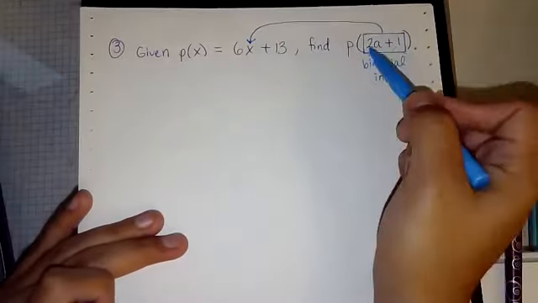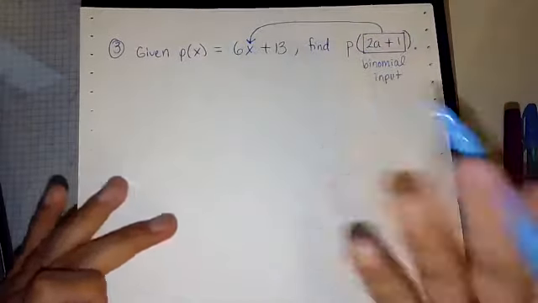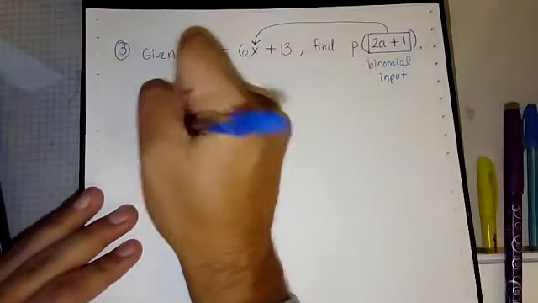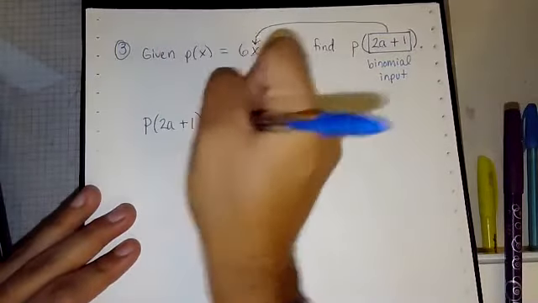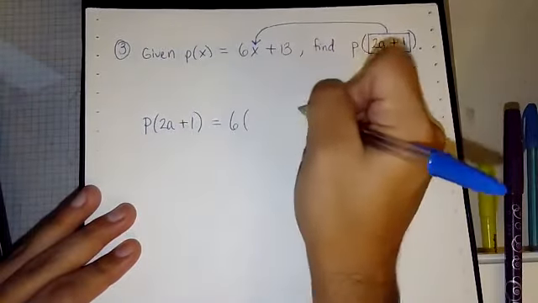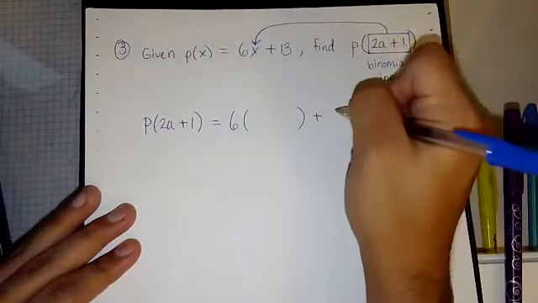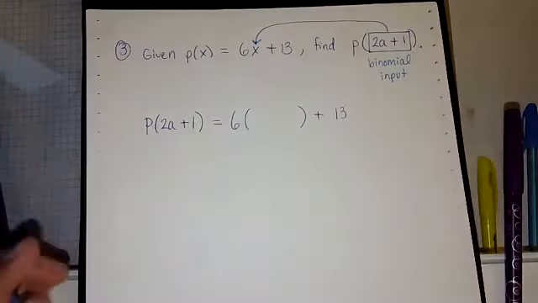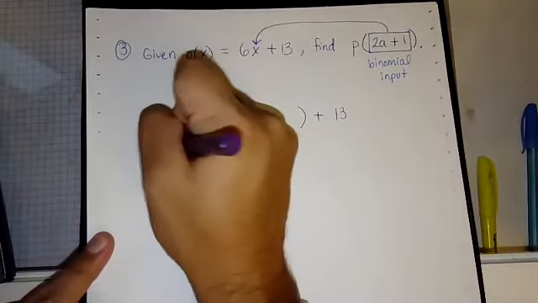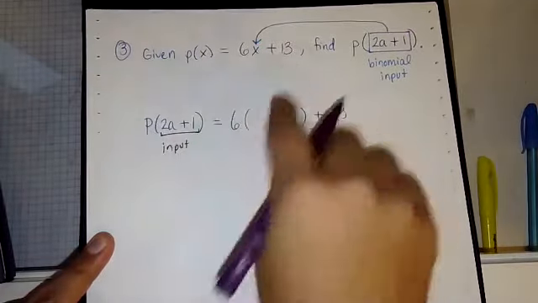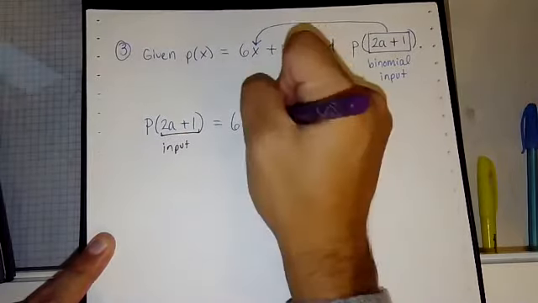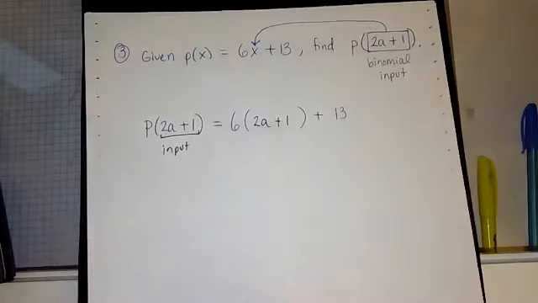And since there's more than one term, when we plug it in, we're going to want to plug it in with parentheses. So what we'll say is that p of 2a plus 1 is equal to, and then it's 6 times something plus 13. And the input expression will get copied right here next to the 6 because it's 6x. So I'm going to put 2a plus 1.